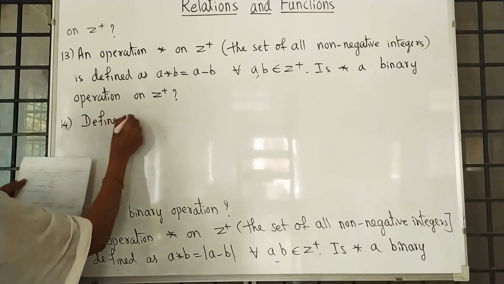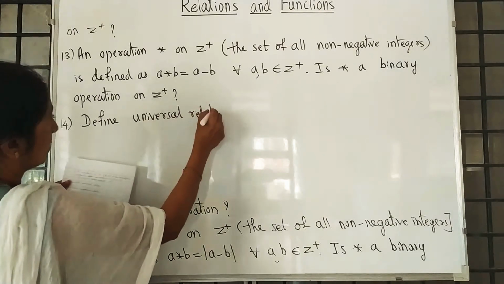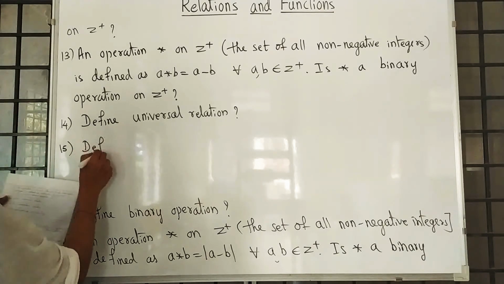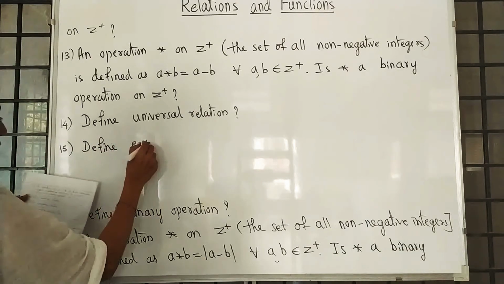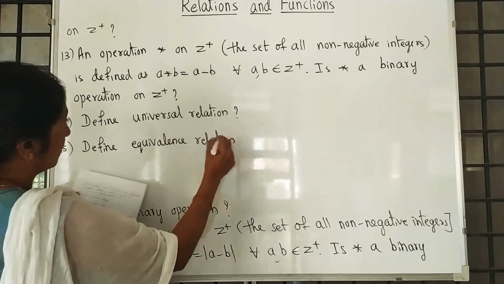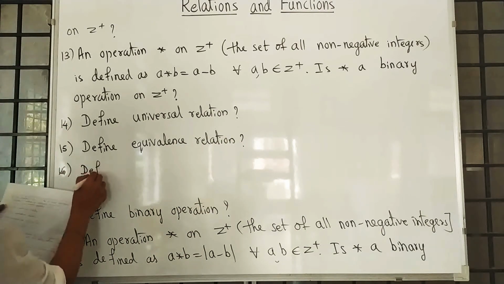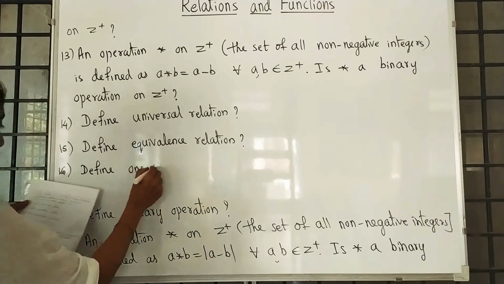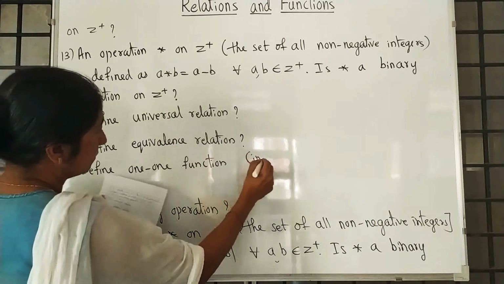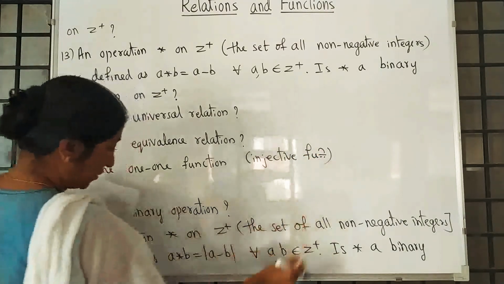Moving to the next question, 14th one. Define universal relation. Next, 15th one. Define equivalence relation. 16th. Define one-one function, that is injective function.